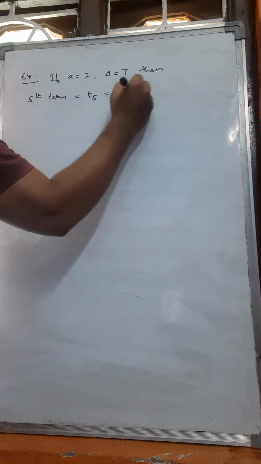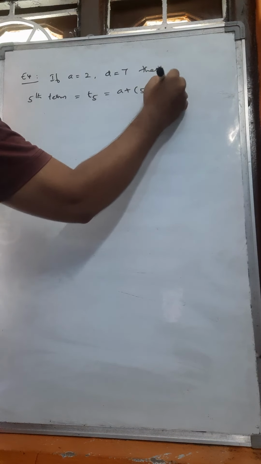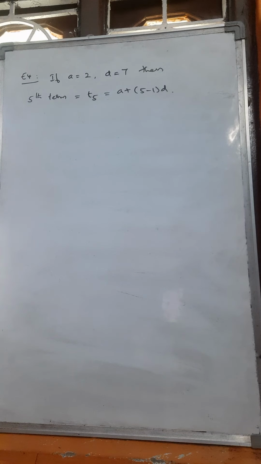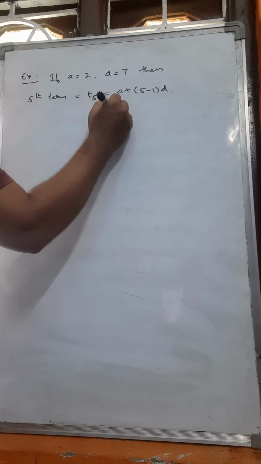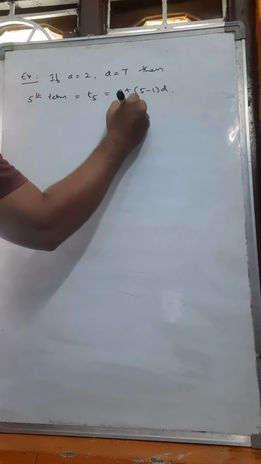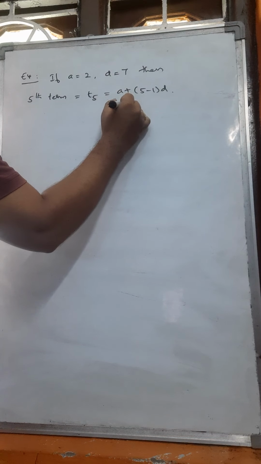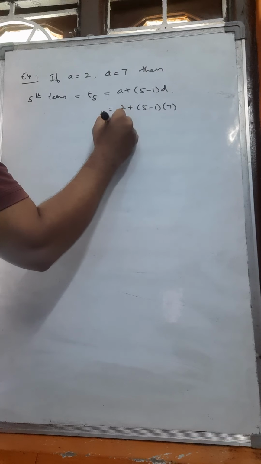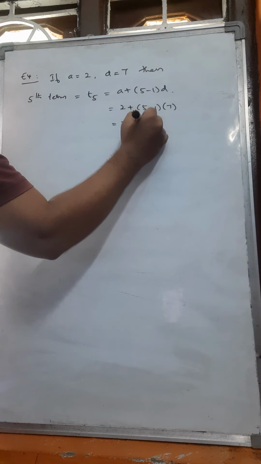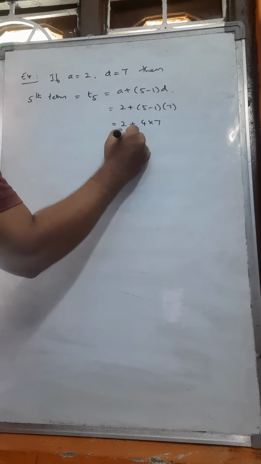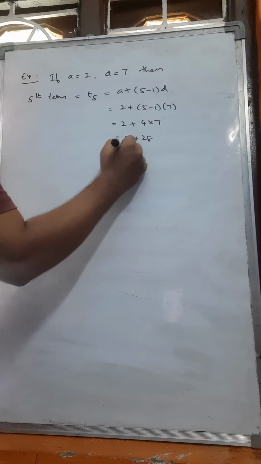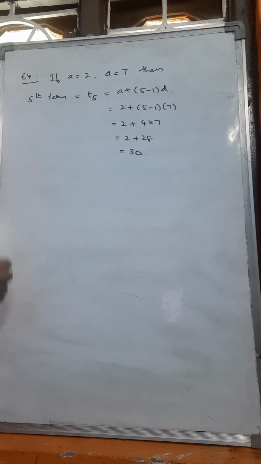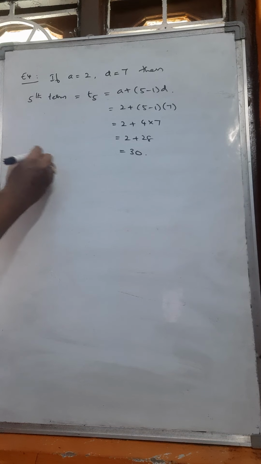T5 is A plus 5 minus 1 into D, that is 2 plus 5 minus 1 into 7, so 2 plus 4 into 7, so 2 plus 28, that is 30. 30 is the fifth term of the given arithmetic progression.